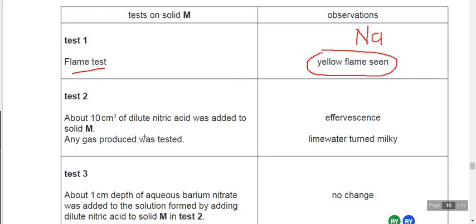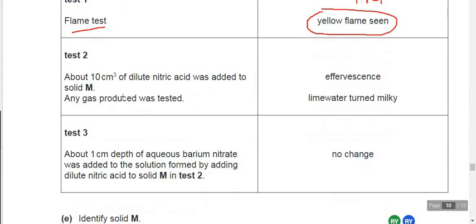Okay, and now they have again performed one more test on solid M. They have added 10 centimeter of nitric acid and any gas produced was tested, and there is effervescence and lime water turns milky. It means that there is a carbonate. So carbonate is there, that's why it is producing carbon dioxide.